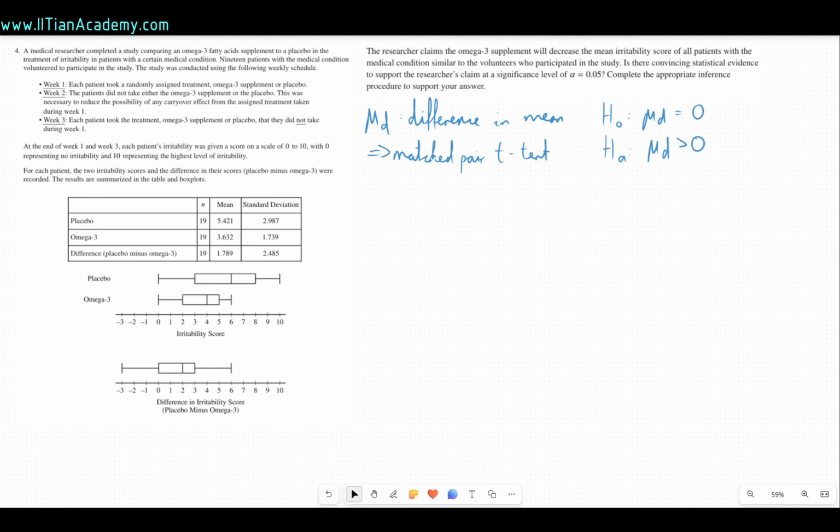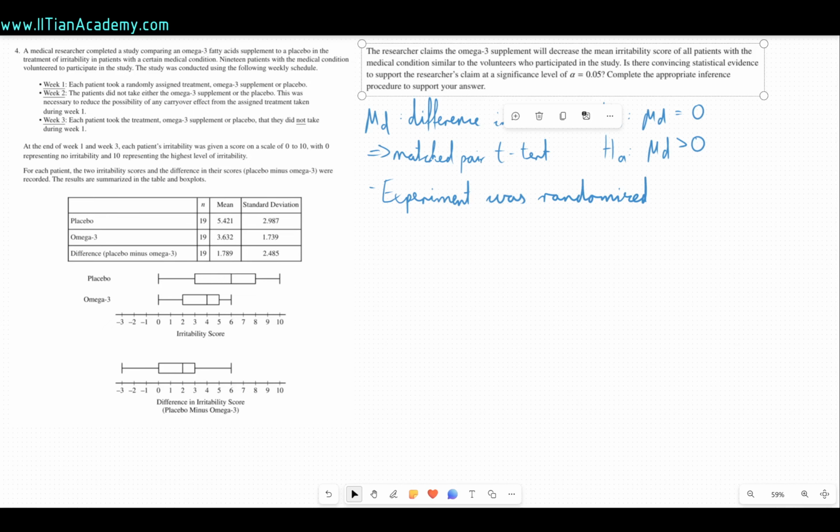Let's note down what I just said. The experiment was randomized, as it was random in which week they got the treatment. There was no real logic behind it.